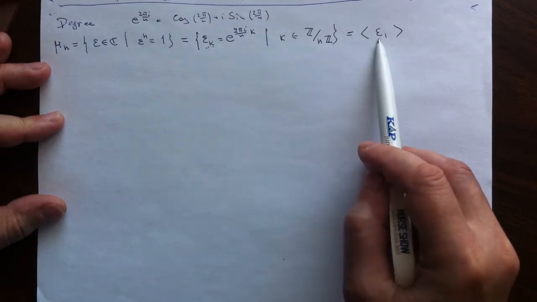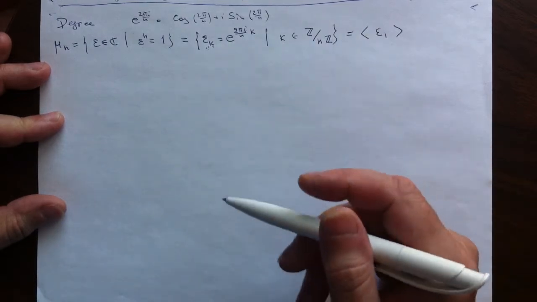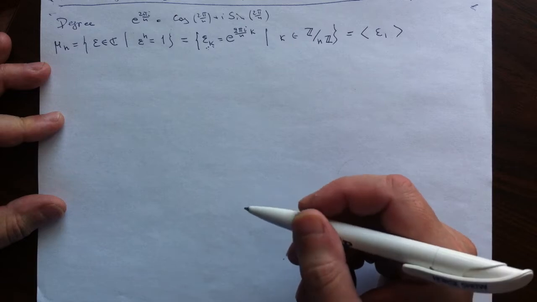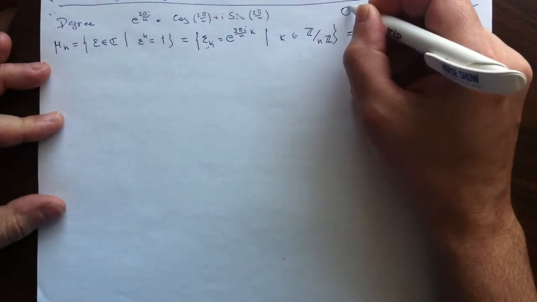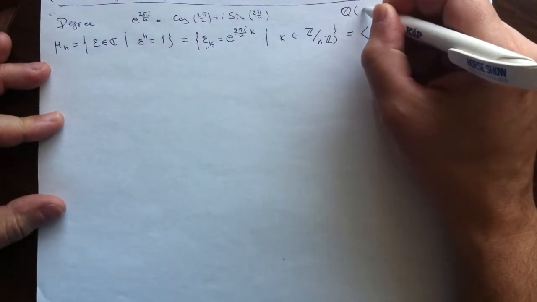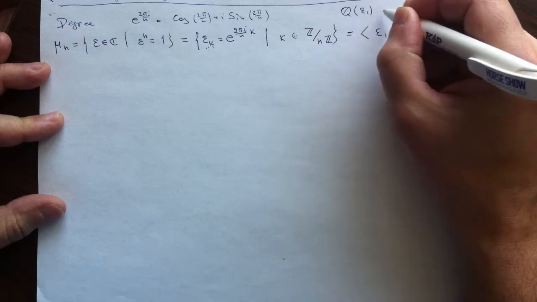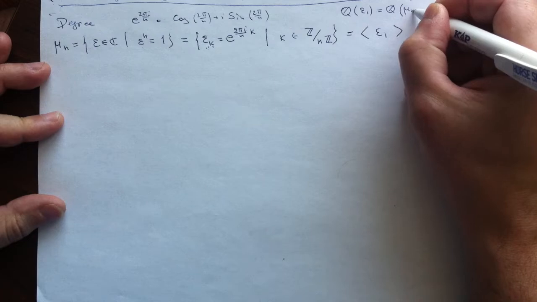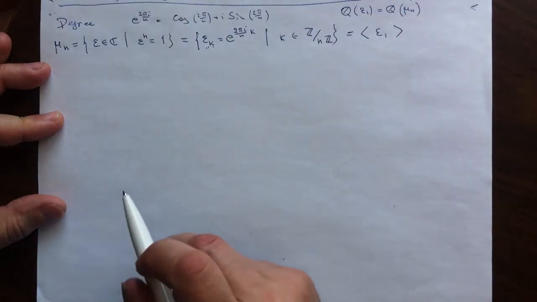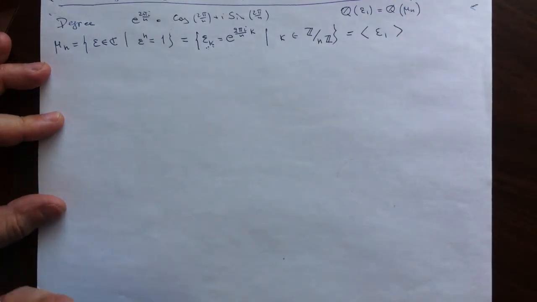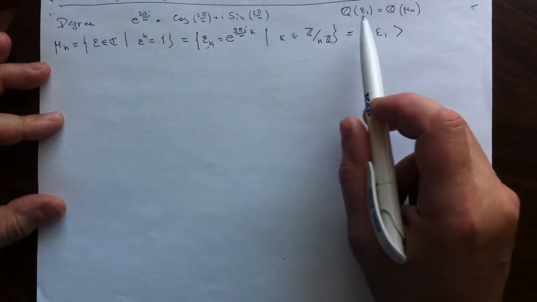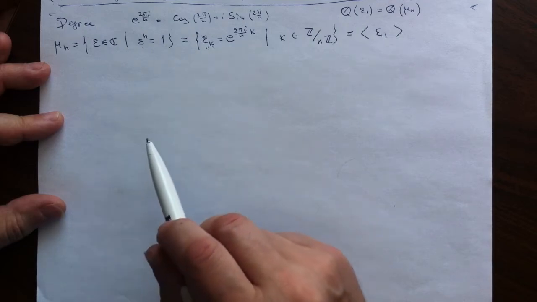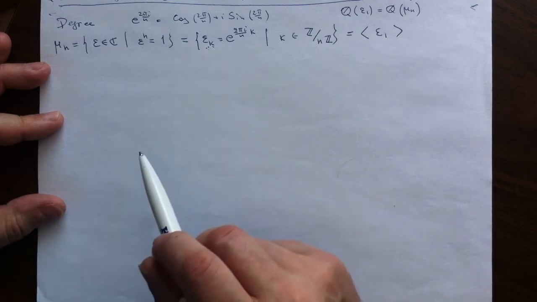Epsilon k is the kth power of epsilon 1, so they all come to the algebraic extension. Attaching epsilon 1 will be as good as attaching all of them, and the degree of this is the degree of this number. So let's start constructing polynomials for which epsilon 1 or all of them are roots.